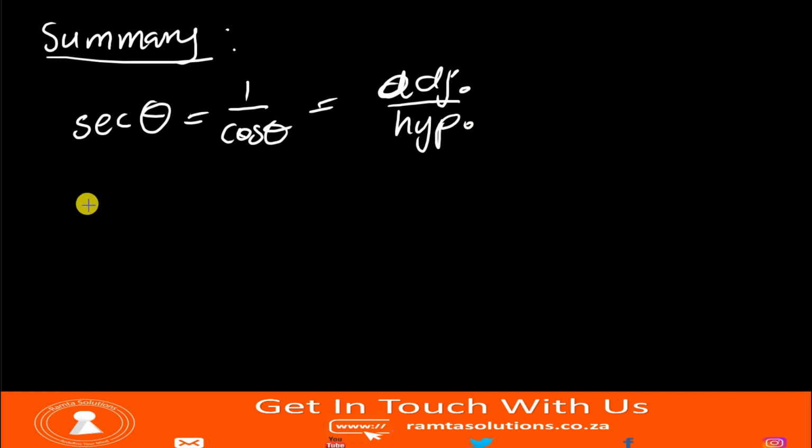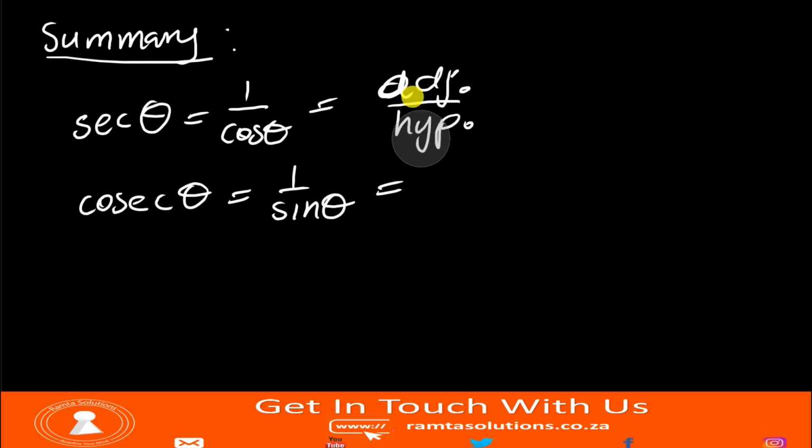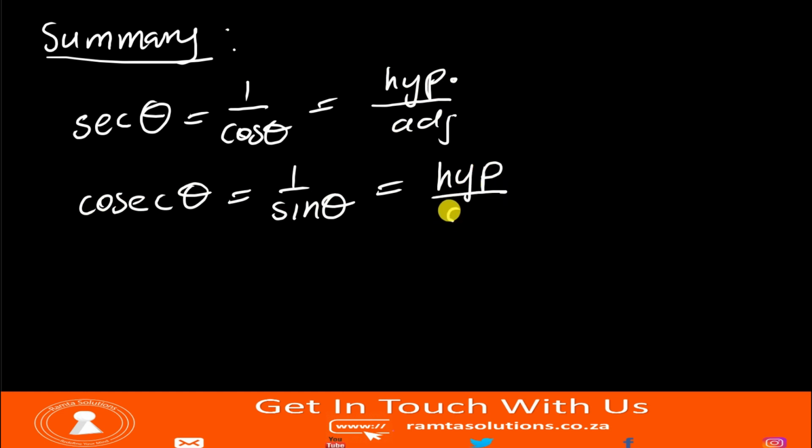Then cosecant theta is 1 over sine theta, which is hypotenuse over opposite.